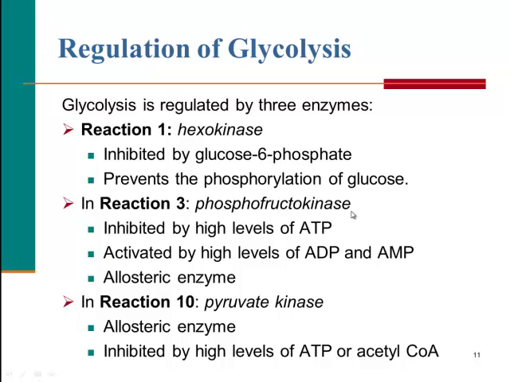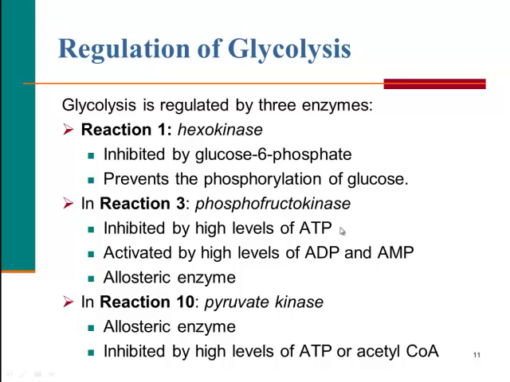Reaction 3 is the second major regulatory place for glycolysis, and that step is catalyzed by phosphofructokinase. So it's converting fructose 6-phosphate into fructose 1,6-bisphosphate. And this enzyme is really one that is taking all kinds of information into account when determining whether or not it needs to be activated. Remember that the overall point of breaking down glucose is to generate high energy molecules like ATP.